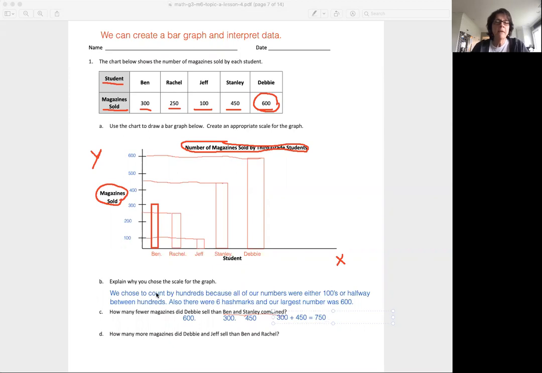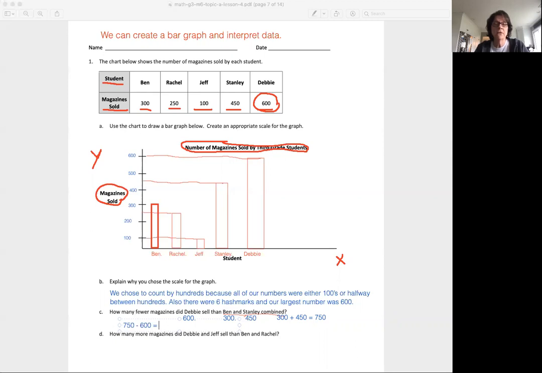All right, but then we have to see how many fewer magazines Debbie sold than the two of them combined. Well, Debbie sold 600. They sold 750 altogether. So we can write another number sentence here. And we're going to start with our bigger number. Our bigger number was 750. And we're going to subtract what Debbie sold, which was 600. And again, you can do this mentally. I'll give you a minute for that.